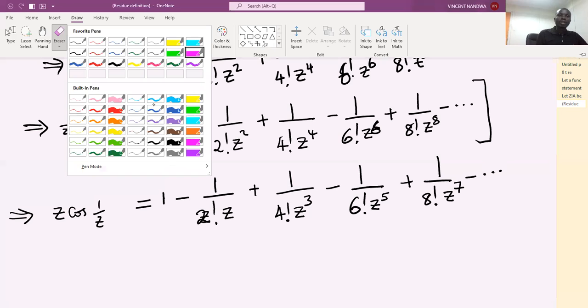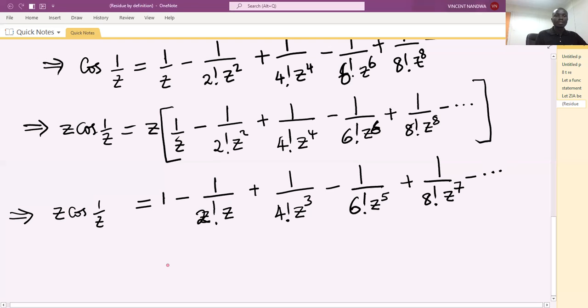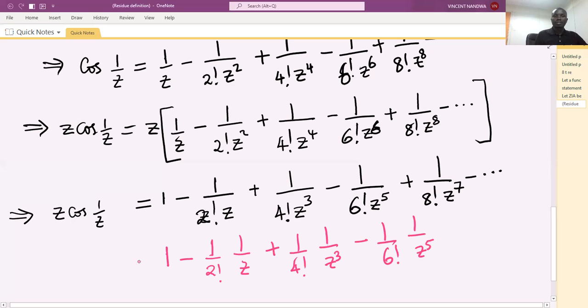So we are only interested in the coefficient of 1/z, and you see this is the same as writing z − (1/2!)(1/z) + (1/4!)(1/z³) − (1/6!)(1/z⁵) + (1/8!)(1/z⁷) − other several terms.